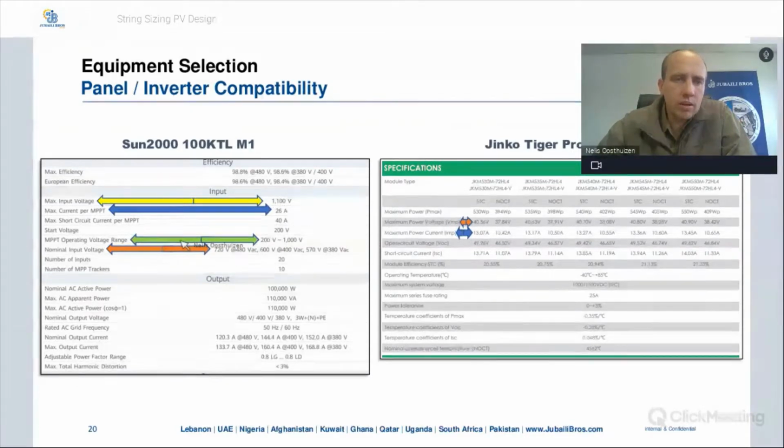Then the third one, highlighted here in green, is the operating voltage range for the MPPT. That's just at what voltage does it switch on for operating, converting DC to AC, and at what voltage does it switch off, or is not as efficient anymore, and that's 1,000 volts.